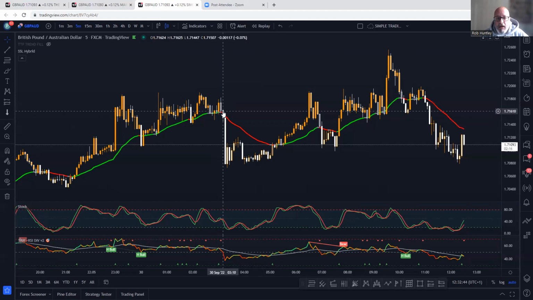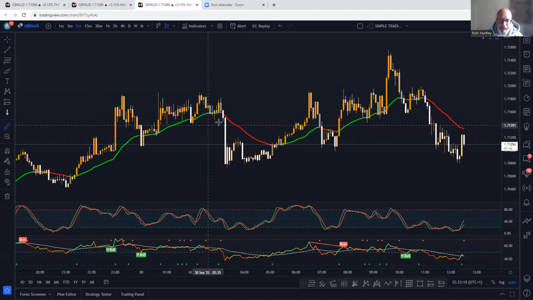At this point here is when it crossed below the SSL hybrid moving average, and then you started to see the sell. If I leave the cursor in place, you can see that at that point it crossed below the midline on the RSI divergence indicator, and then there was a fairly hefty drop.